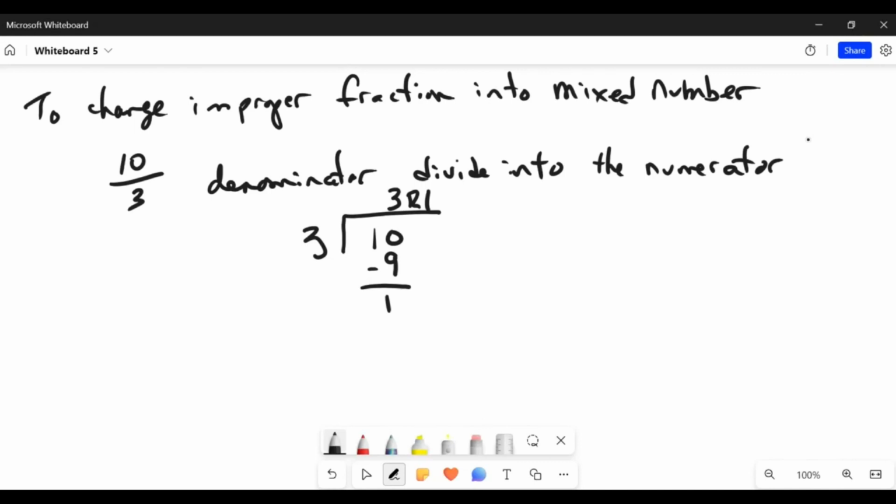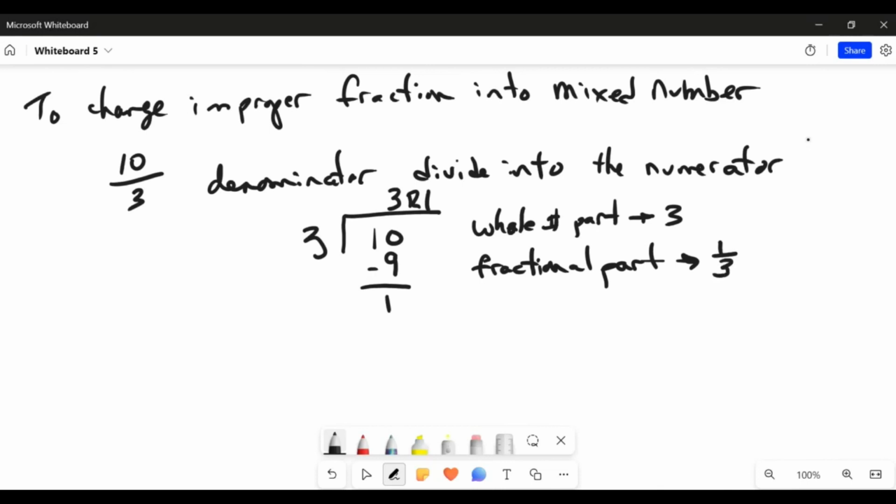But what that means is that we have a whole number part of 3 and a fractional part of 1/3, because our denominator has to remain a 3.